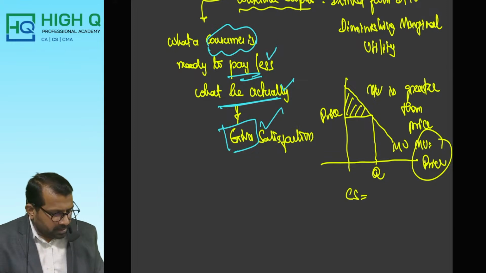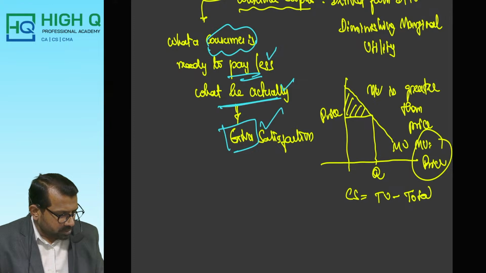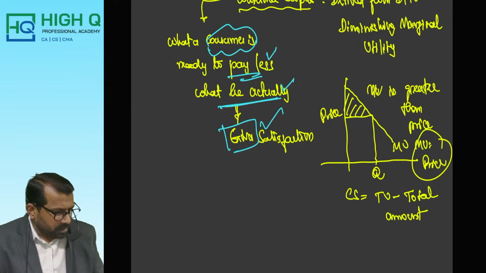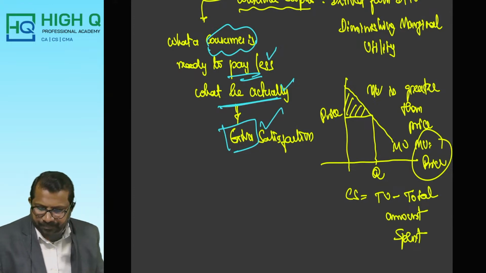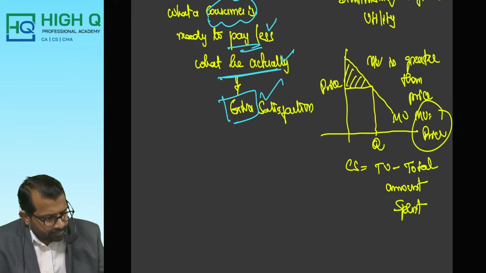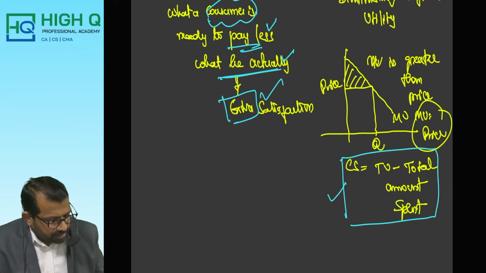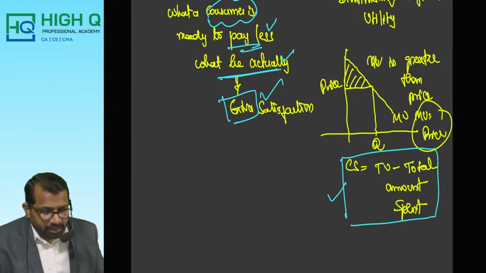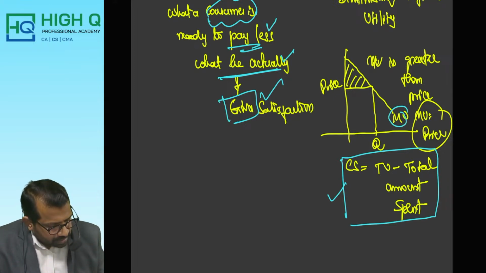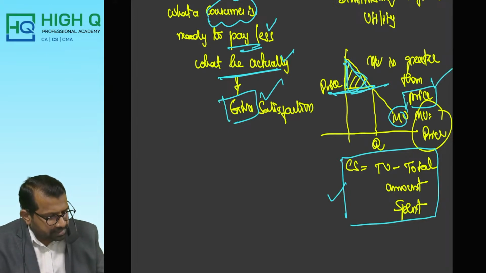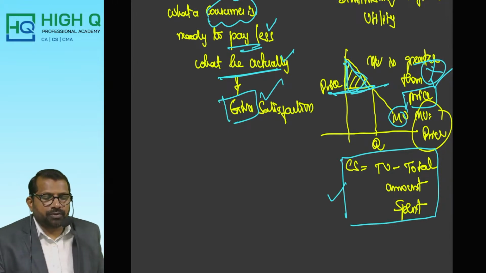Quantity. Consumer surplus equals total utility minus total amount spent. For examination, consumer surplus equals total utility minus total amount spent, and another point is that marginal utility is always greater than price in this portion. Another important point for your examination.